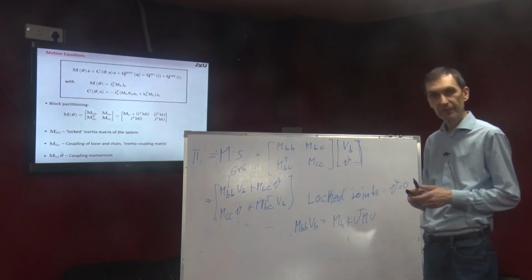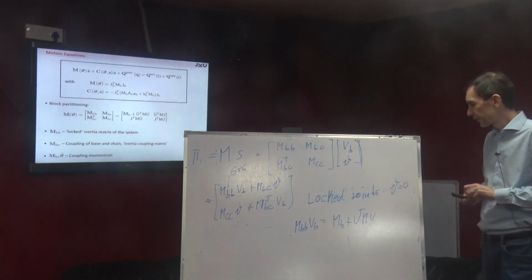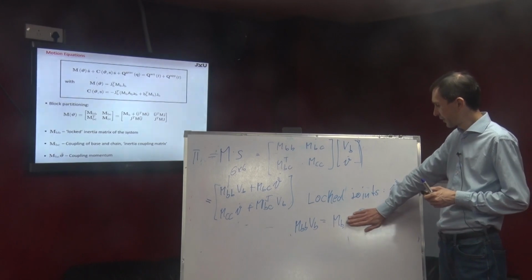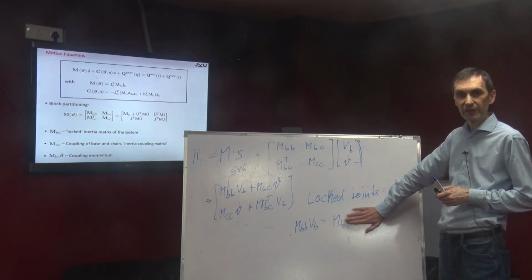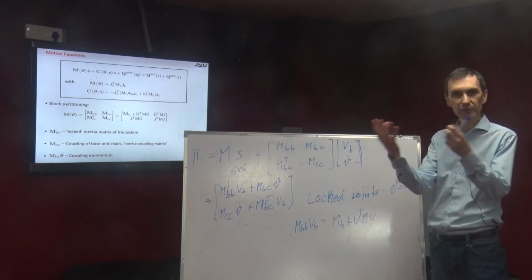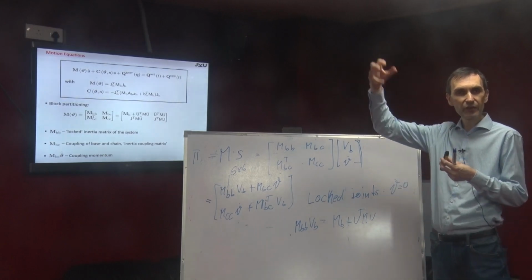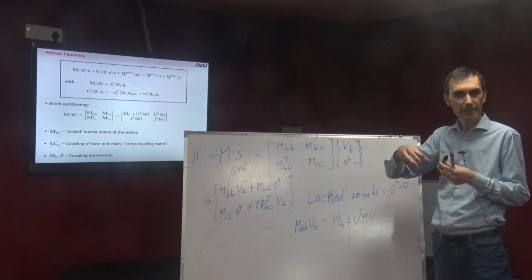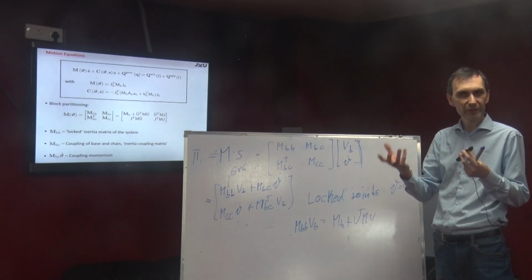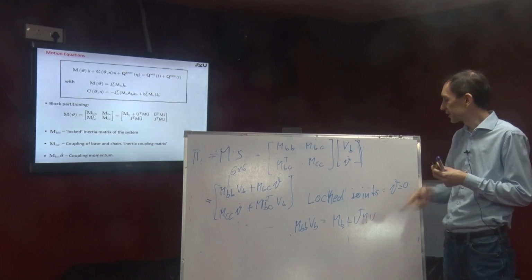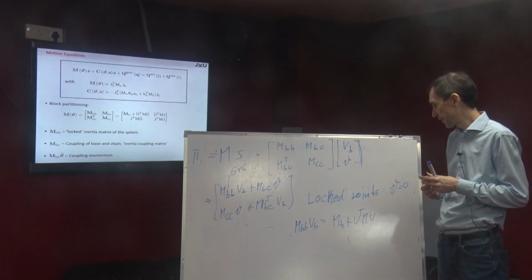It's good to understand what that means. Again, if the kinematic chain wouldn't be there, it's just MB, so it's just the momentum because of the inertia of the base itself. But now the base carries this kinematic chain, and somehow this must affect the inertia of the system. And that goes via this matrix here.